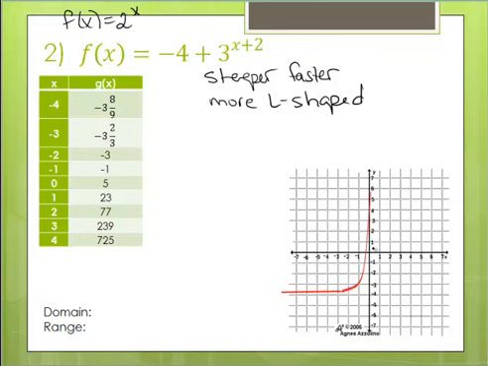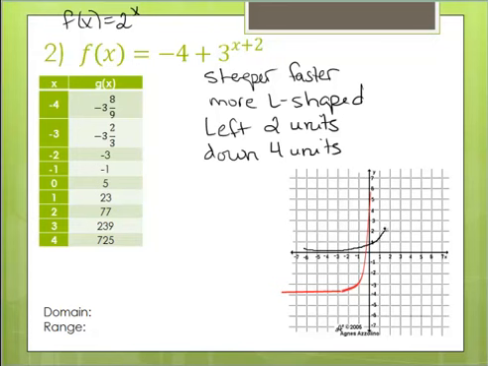The plus 2 inside makes it go left 2. But what happens when you subtract 4 outside? That makes it go down 4. So if you compare that to the parent function, which was something like that, you can see it is a tad bit steeper. It is a little more L-shaped. It's shifted 2 units to the left and 4 units down.